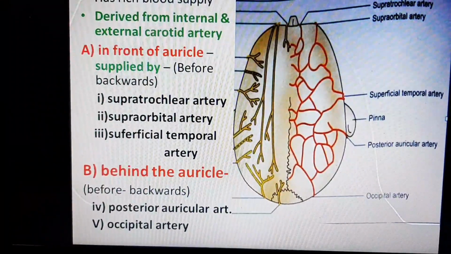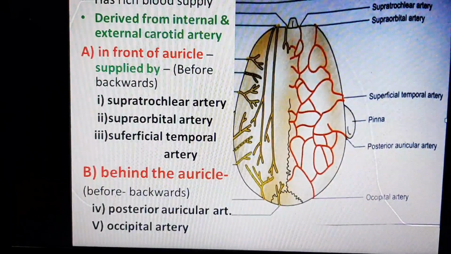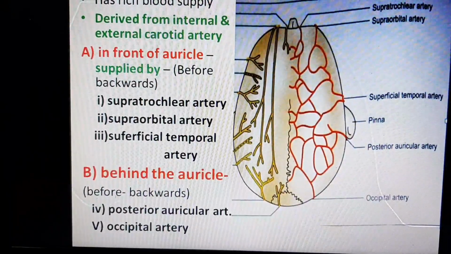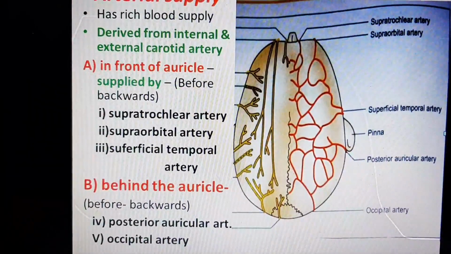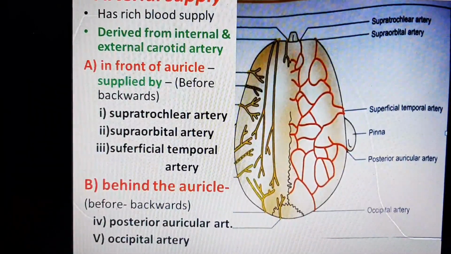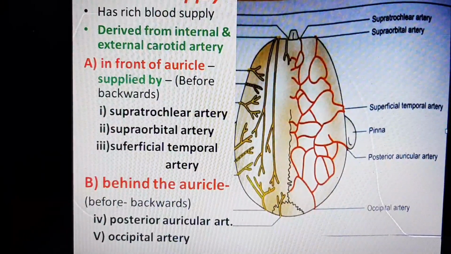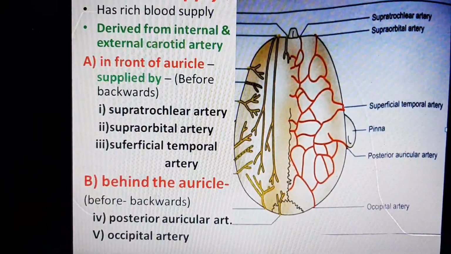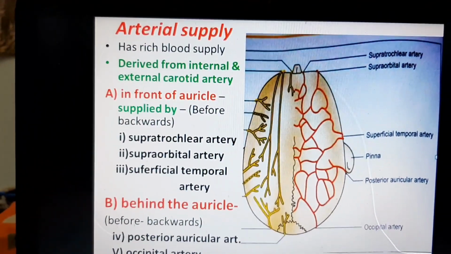Among these branches, the supratrochlear artery and supraorbital artery are derived from the ophthalmic artery, which is branch of internal carotid artery, and the rest, like superficial temporal artery, posterior auricular artery, occipital artery, are branches of external carotid artery.